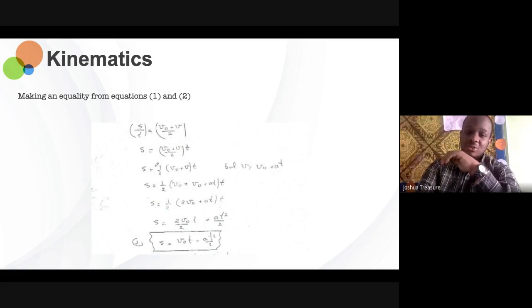All right, so s is equal to v0 plus v over 2, and you multiply both sides by t. Now, if we bring out this half, if we factorize this half out of the equation, we will be left with half v0 plus v, right?